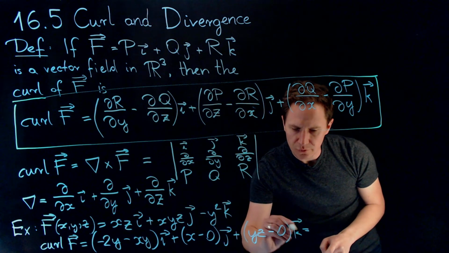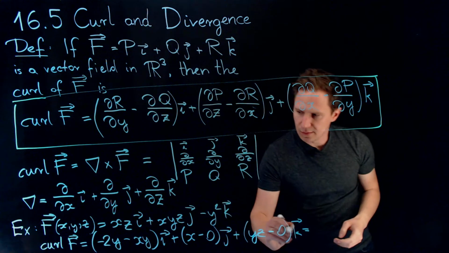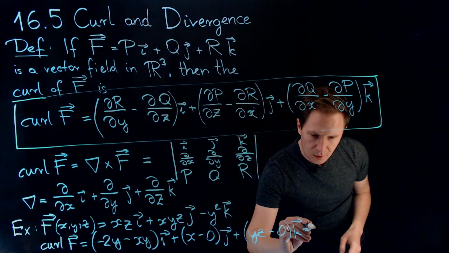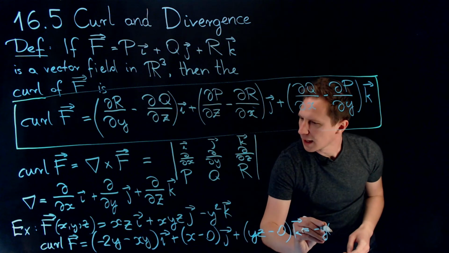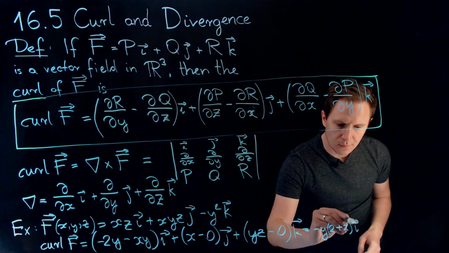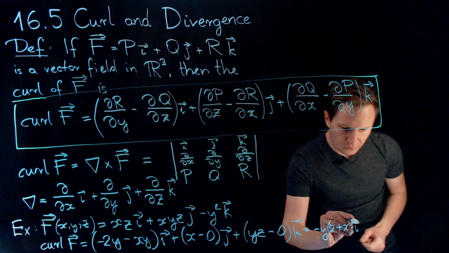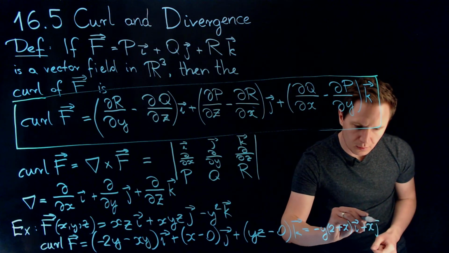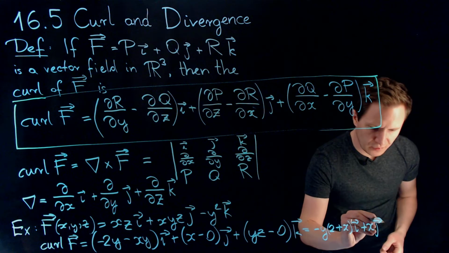Okay, so the curl of this vector field is minus y times (2 plus x), x, and yz.